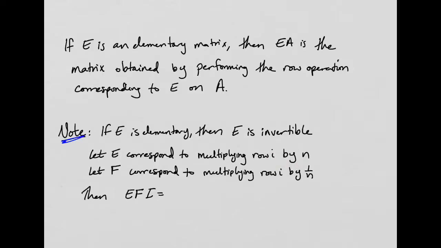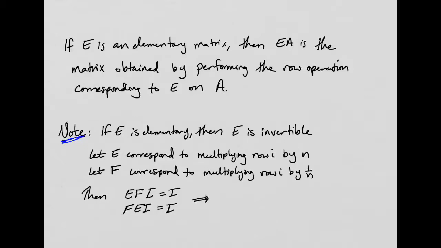So I multiply by 1 over n, then I multiply by n. Obviously, those cancel out and give me 1. So I'm just left with the identity again after that. Similarly, if I do F times E times the identity, I'll just get the identity again, because I multiply by n first, then I multiply by 1 over n, and they cancel each other out.